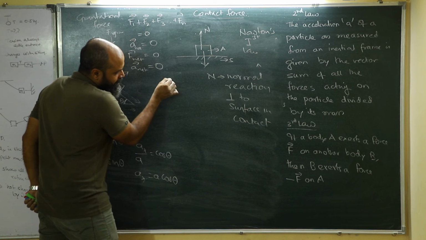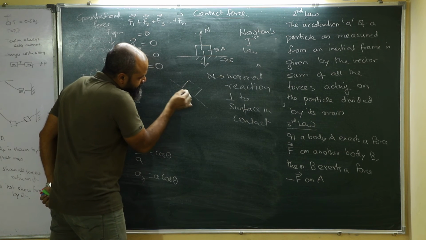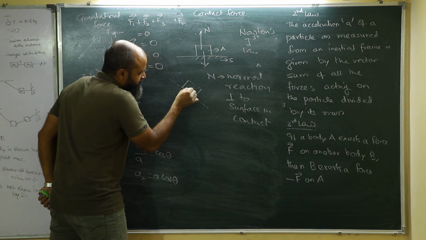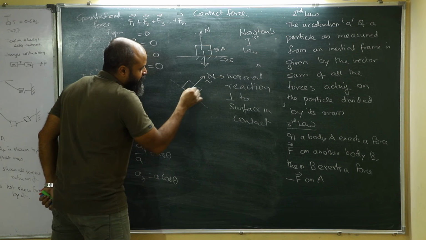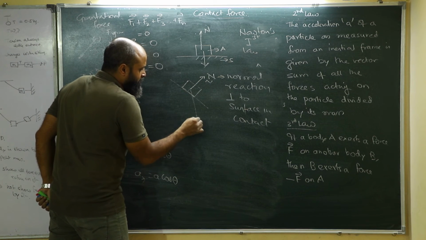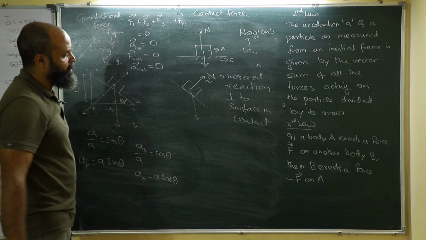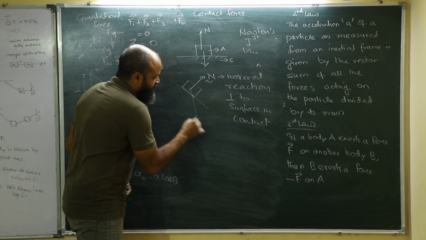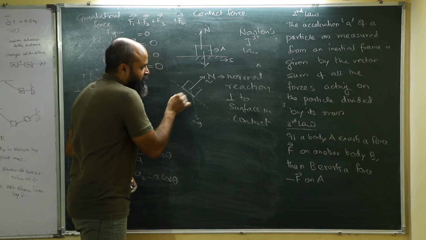What I mean here is, if this is the body and this is the surface in contact, obviously the normal reaction is going to act perpendicular to this. Normal reaction is obviously correlated to mg, but mg will be vertically downwards. However, normal reaction will be perpendicular to the surface.